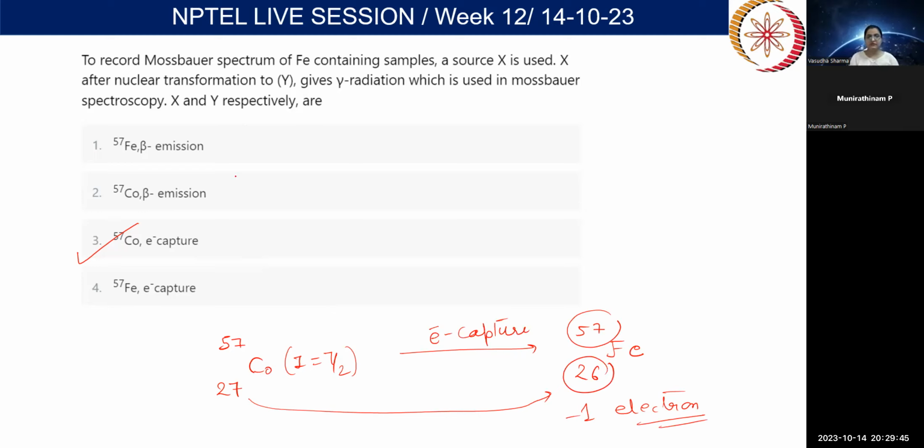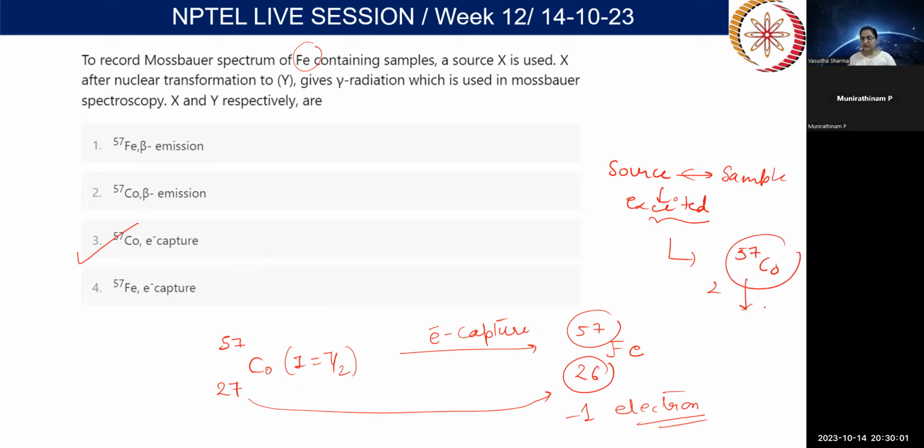So when we are starting with iron, we need to start from the source. As I said, source and sample have to be the same, but the source needs to be in an excited state to release the gamma radiation. For that matter, we use 57 cobalt. 57 cobalt takes up the electron, and therefore the atomic number goes from 27 to 26. That is of iron, and therefore this becomes our source now.